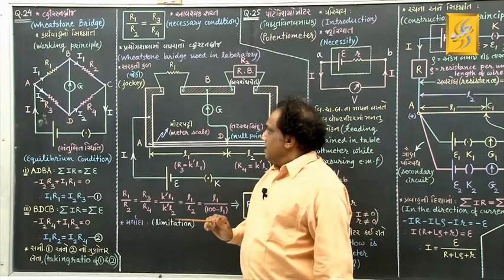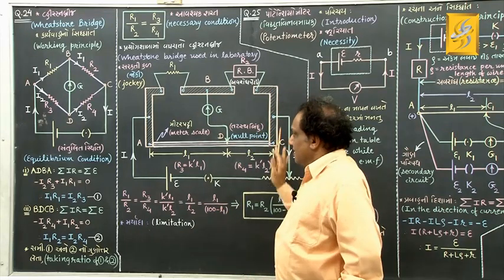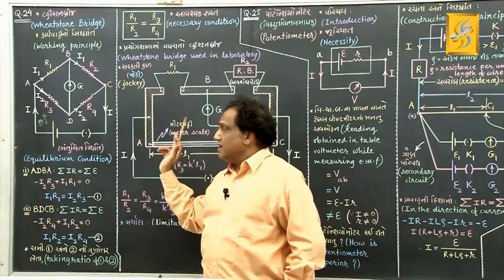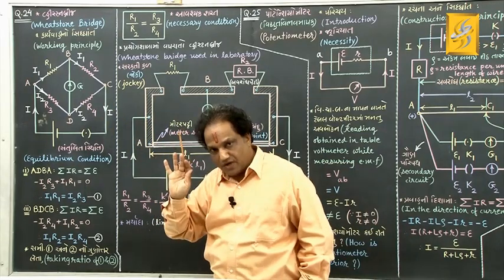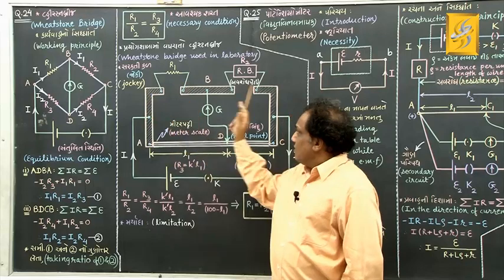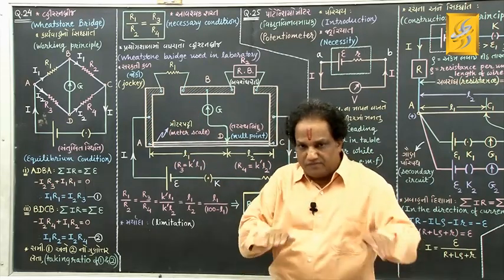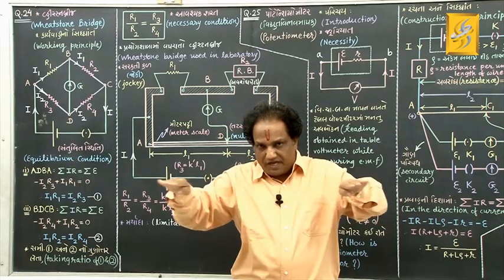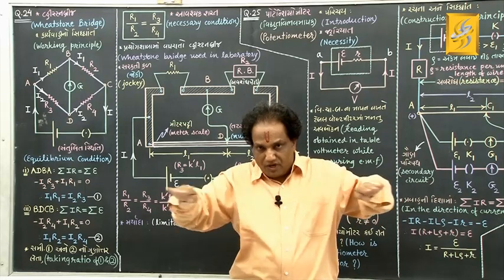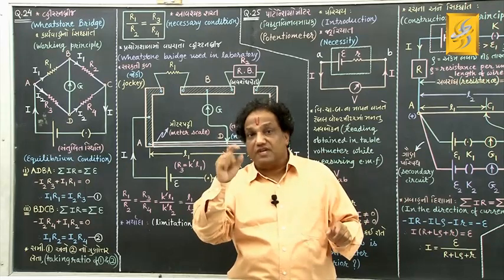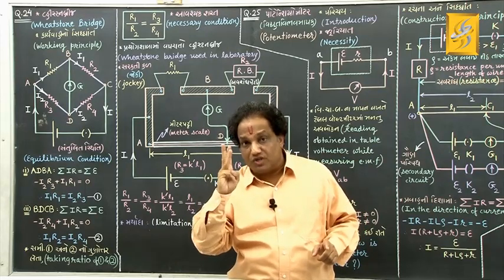How this figure is prepared from this figure, I will compare and make you understand. In the construction of the laboratory Wheatstone bridge, we first of all take one wooden board, a rectangular planar wooden board, and on that wooden board we fix three copper strips.